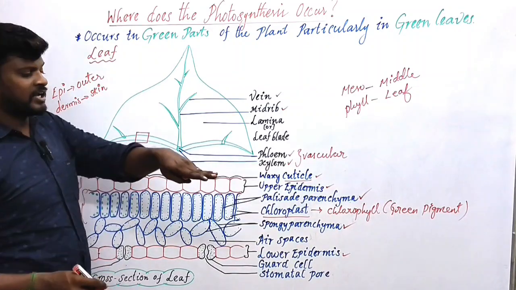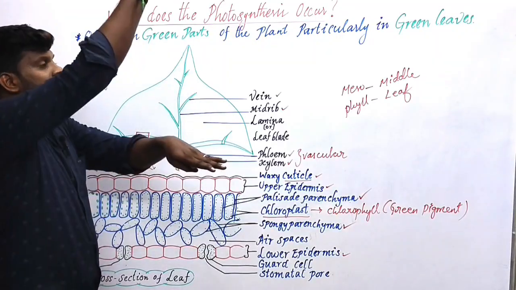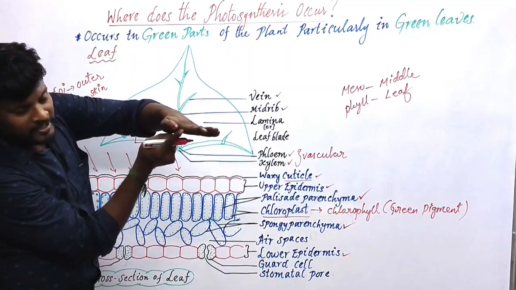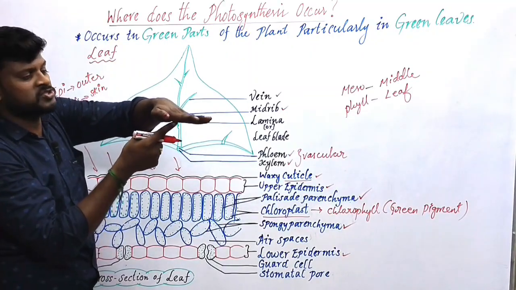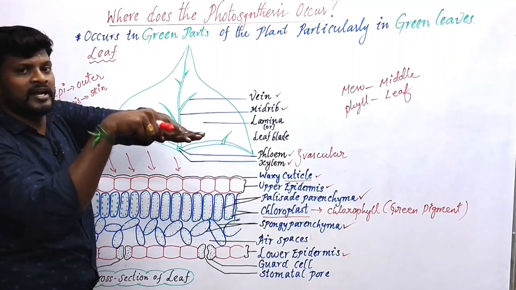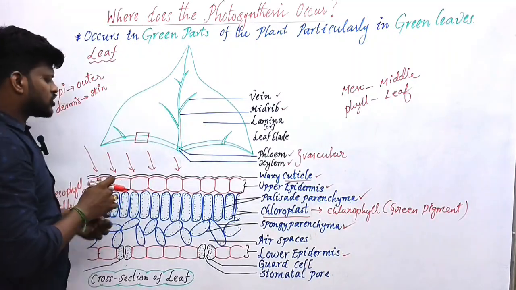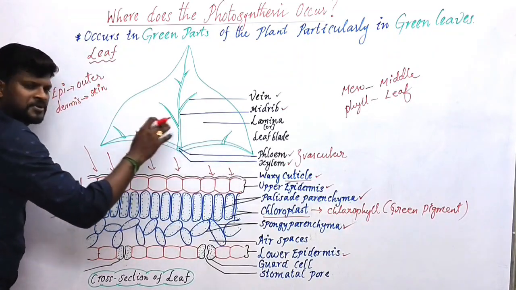See, if you take this as a leaf upper surface, a lot of light is falling on the upper surface, but the lower surface is in shadow, has only shadow. The light is very less here, so here it has more light, so more light energy is falling on the upper surface.